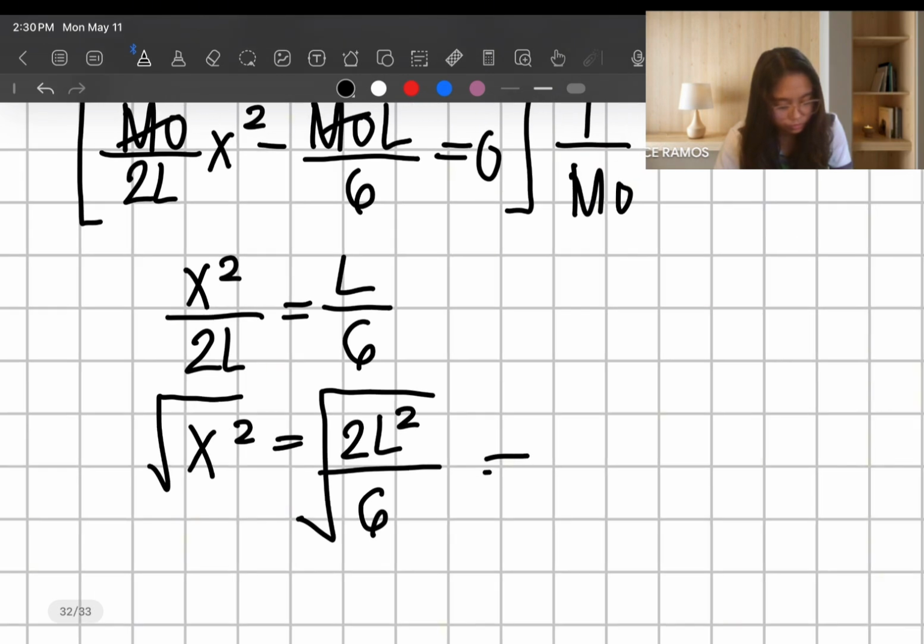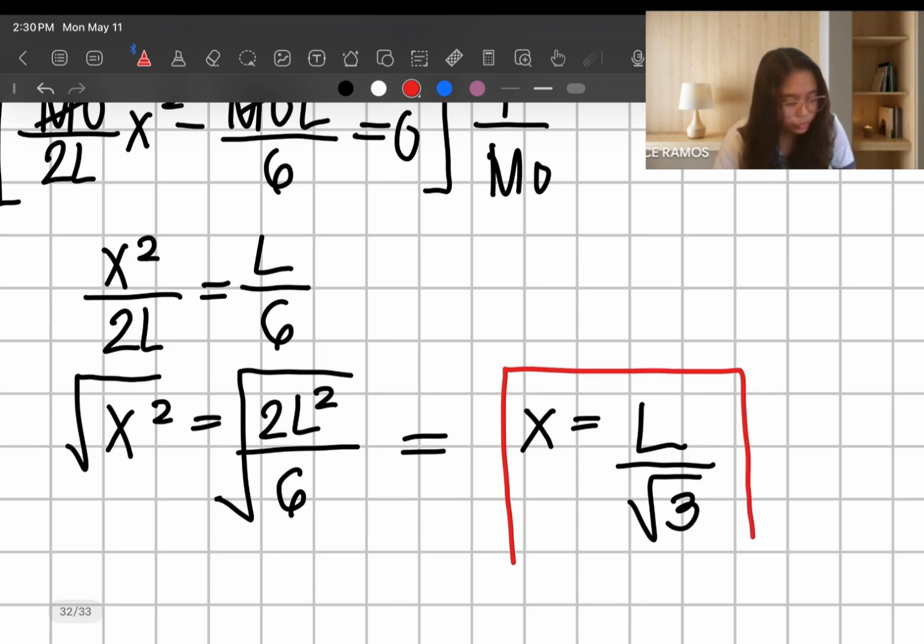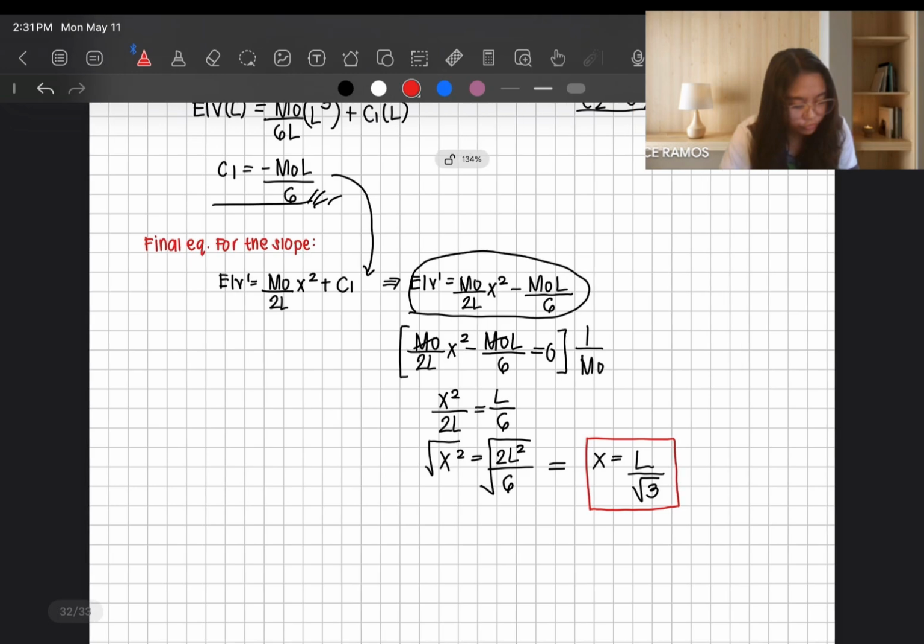So, x is equal to L divided by square root of 3. And now, nakuha na natin yung isang required, which is the location. So, itong x na ito yung position kung saan nangyayari yung maximum deflection natin.